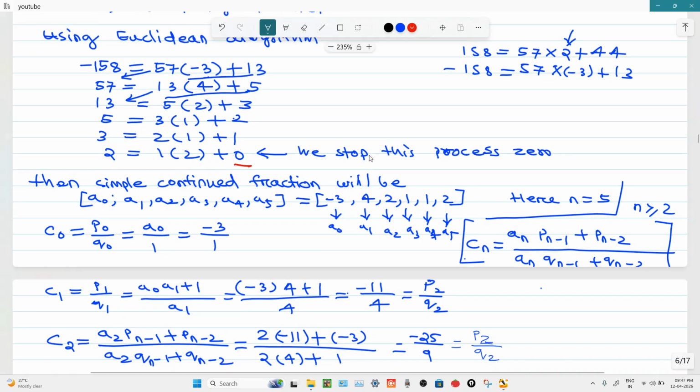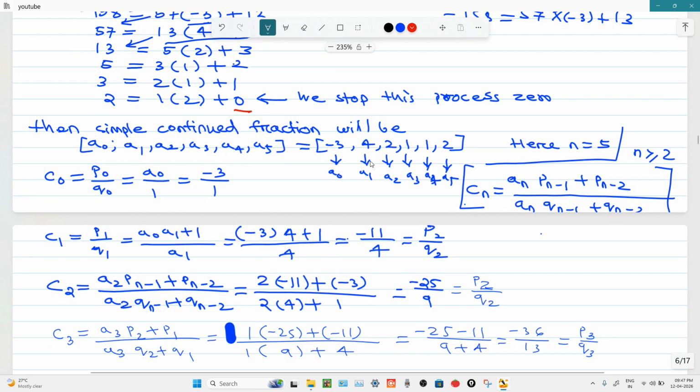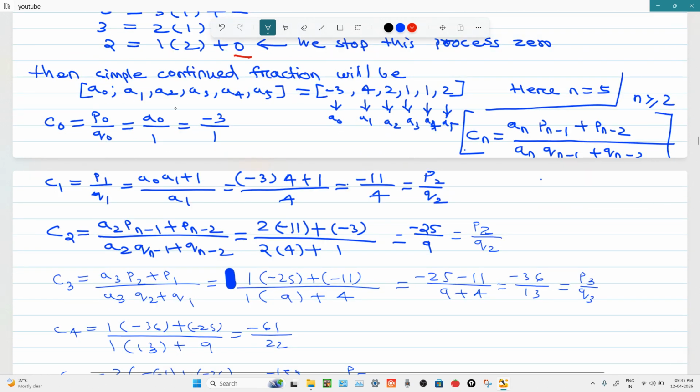Then the simple continued fraction will be a0, a1, a2, a3, a4, a5 equals minus 3, 4, 2, 1, 1, 2.